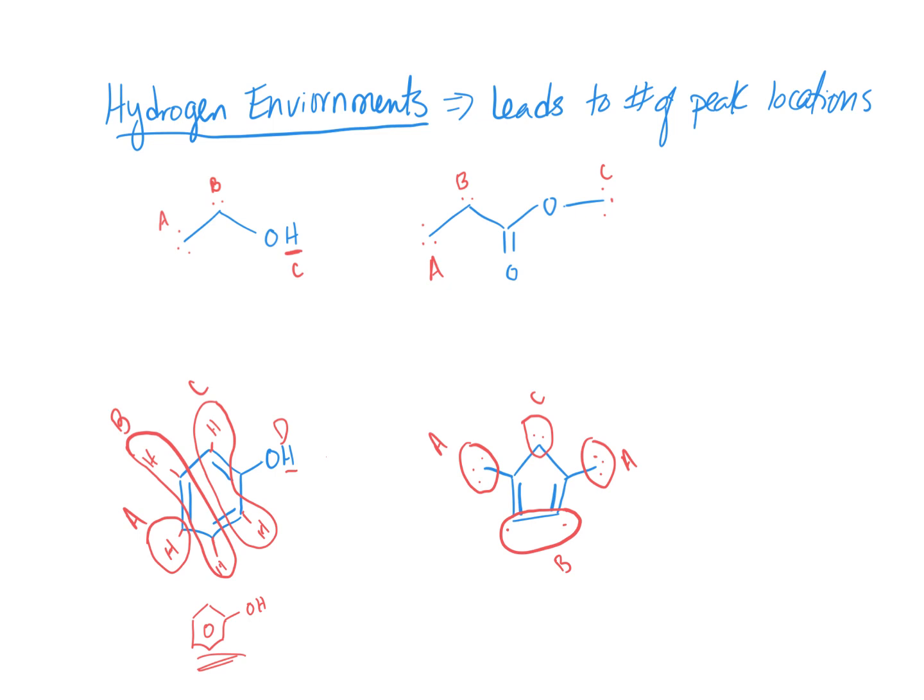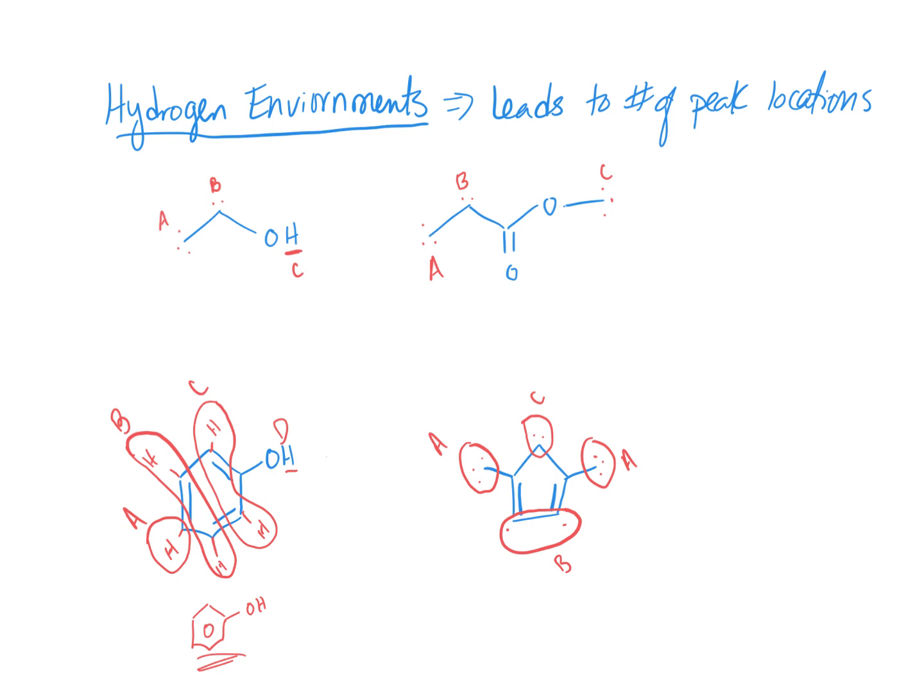Okay, so next, by now you're familiar with the term electronegativity. Remember, electronegativity is the pull of electrons towards a particular atom. Well, when it comes to NMR, when we're looking at the nucleus of different hydrogens, having electrons pulled away from a hydrogen, or what we call deshielded, is going to change where those peaks are going to be located.